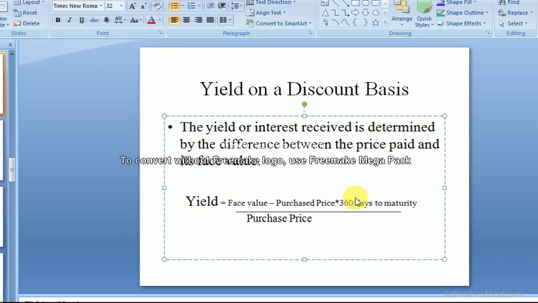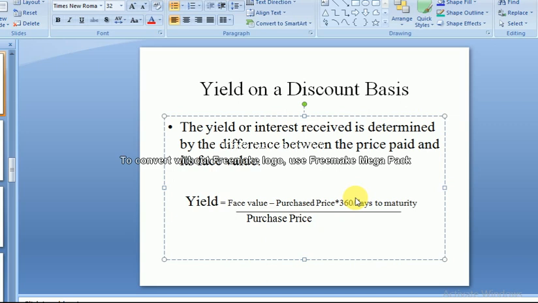Let's suppose the 1000 face value bond we purchased at 900 and we keep this bond for 1 year. So now for this year we can calculate the discount yield of that bond.